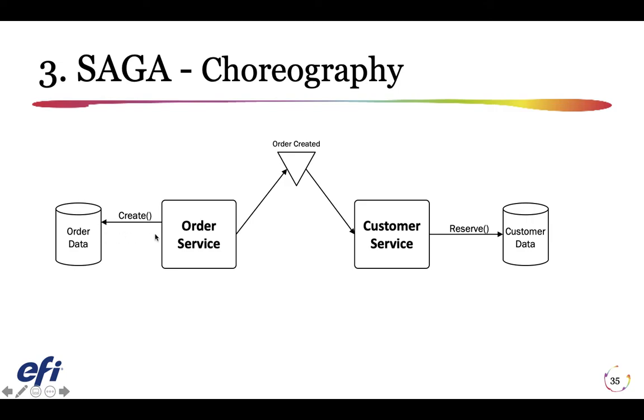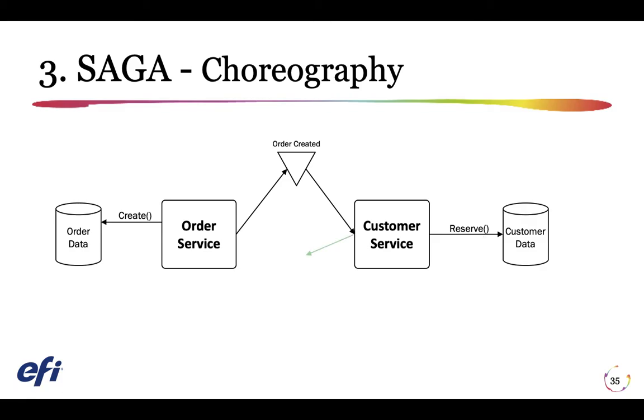As soon as the order is created, it emits an event called order created, which the customer service listens for. Once the customer service receives the event, it looks at its data and reserves the order amount from the credit limit. This ensures the credit limit is not crossed.